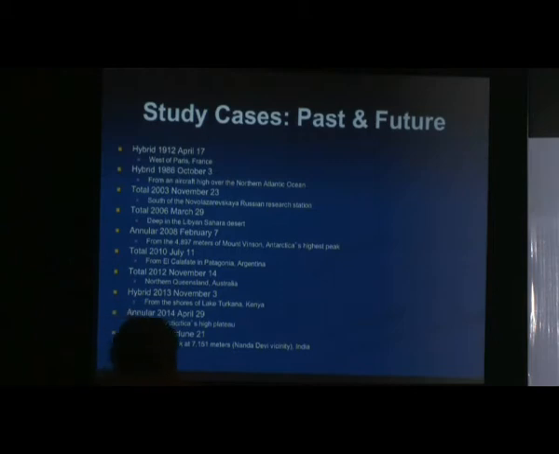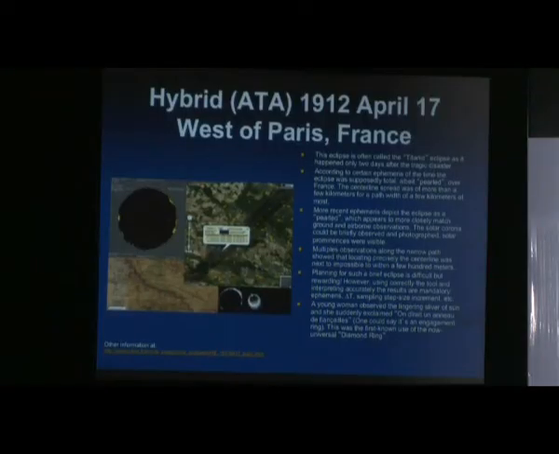Okay, so now we are going to study a few eclipses using the tool and see what you can do with it. So the first example was the 1912 eclipse that went over France, Germany, Portugal. That one was interesting because it was, for some people, total, for other people, annular.